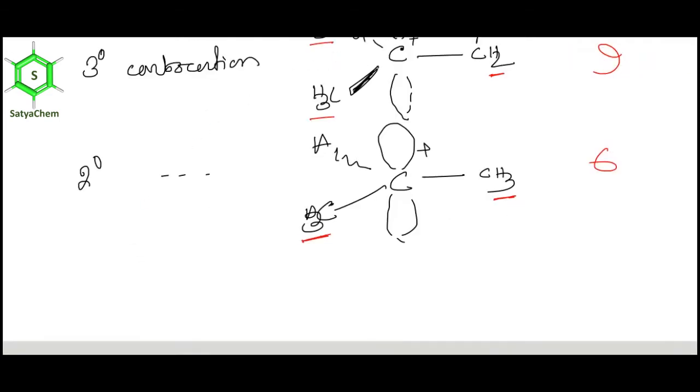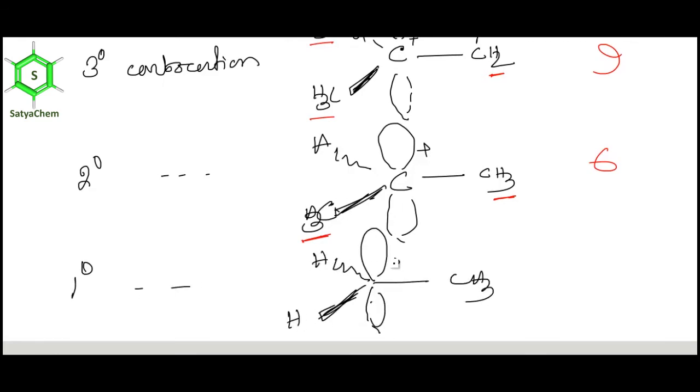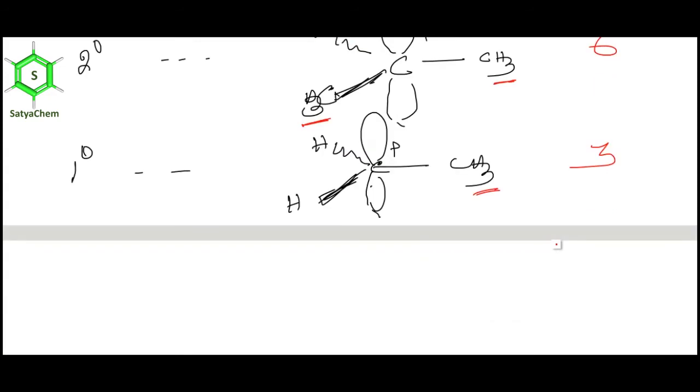Now in 1-degree carbocation, it is clear that the number of hyperconjugative hydrogens is only 3. What about the primary carbocation?